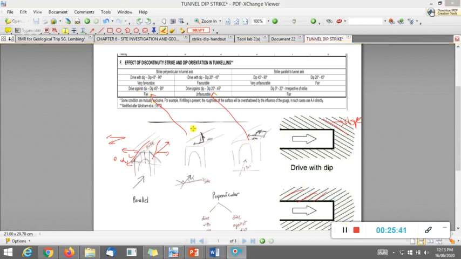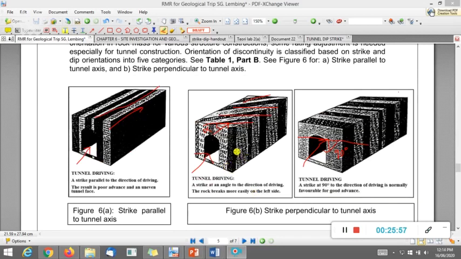Although it is drive against dip, there are also two conditions of drive against dip. In this case, when driving against the dip, the rock can fall or break on the left side.